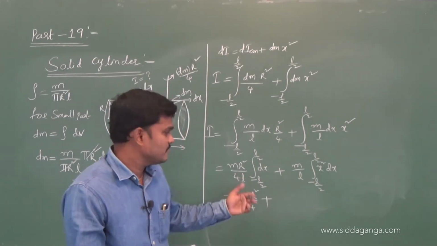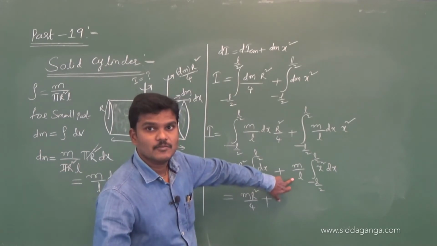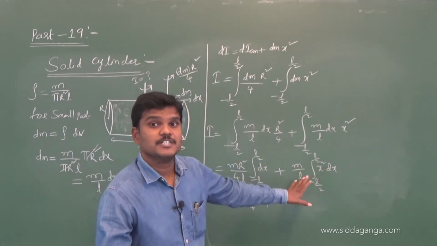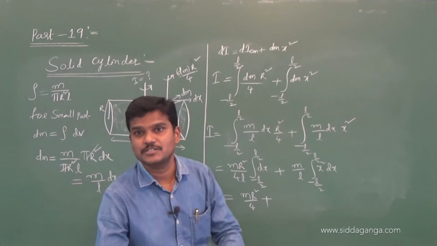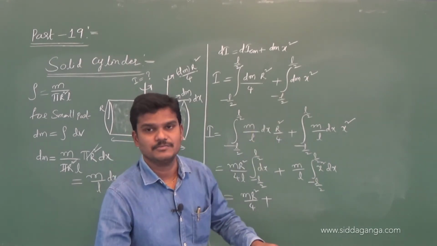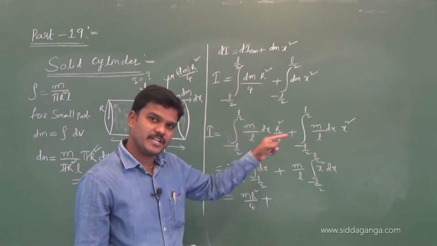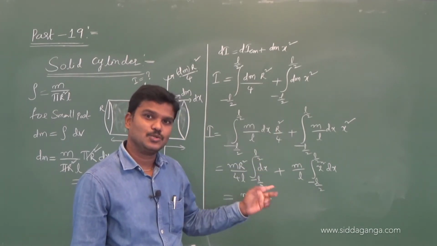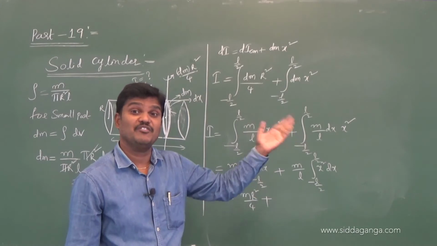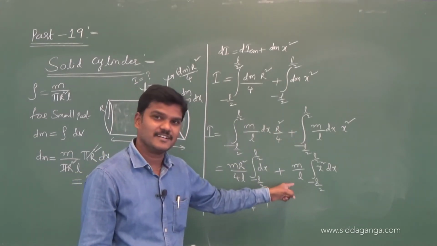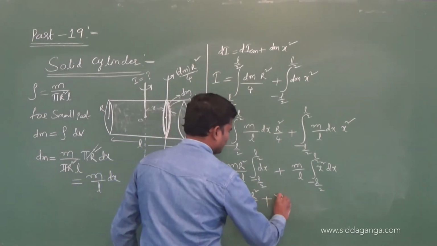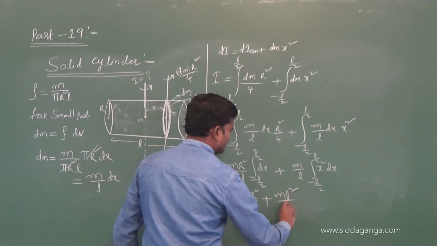That 3 you write outside. Substitute the upper limit and lower limit: L cube by 8 plus L cube by 8, 2L cube by 8, L cube by 4. Already 3 is outside. So what is the value you are getting here? M L square by 12.